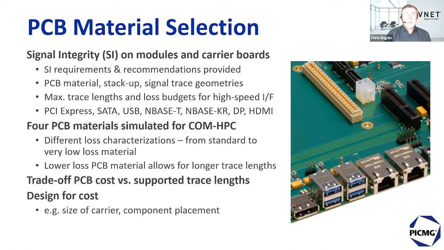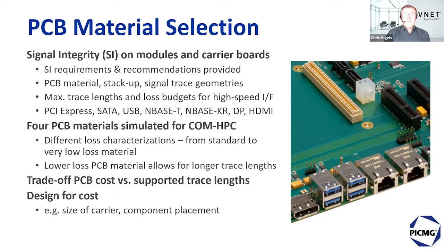There are examples for stack-ups and signal trace geometries, but most notably, there are simulations for the maximum trace lengths and the loss budgets for different high-speed signals in relation to the PCB material. And actually 4 different kinds of PCB material have been selected, from standard loss material down to very low loss material. Certainly a material with low losses is advantageous, but it's more costly.